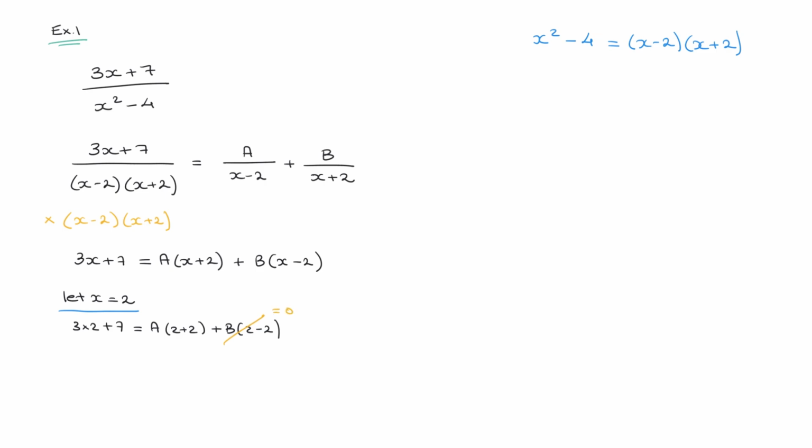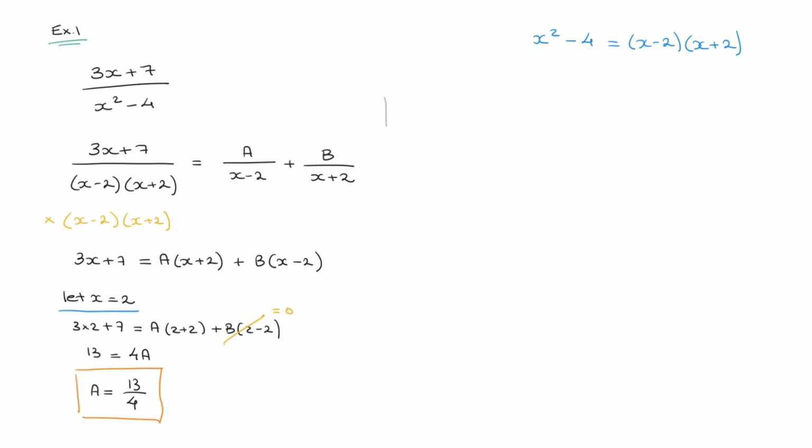We're therefore left with 3 times 2 plus 7 on the left-hand side, which is just 13. And on the right-hand side, well, we'll have 2 plus 2, which is 4 times a. In other words, we have 4a on the right-hand side. Finally, dividing both sides of this equation by 4, we can state that a is equal to 13 over 4. And we've now found a.